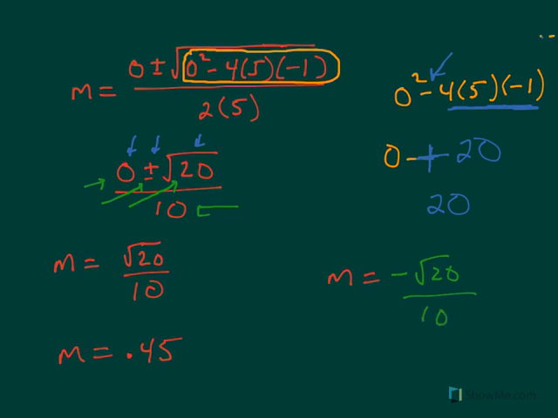So square root of 20, and you're going to take the negative form of it, divided by the 10, is going to be negative 0.45.